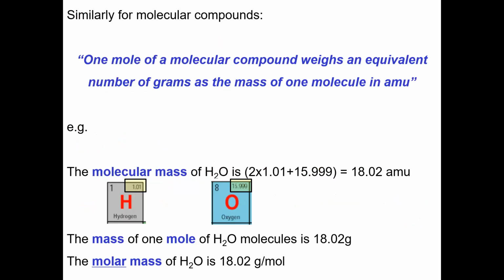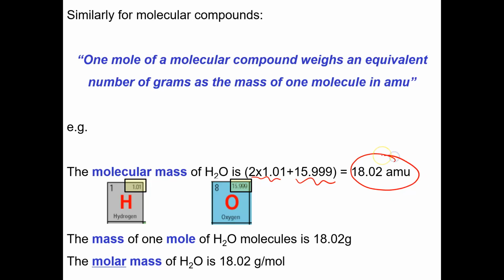So it's a pretty simple leap to realize that 1 mole of a molecular compound will weigh an equivalent number of grams as the mass of 1 molecule in AMU. So if I was asked to calculate the molecular mass of water, I know that water contains 2 hydrogen atoms and 1 oxygen atom, so I'd have to add the mass together of 2 hydrogens and 1 oxygen.